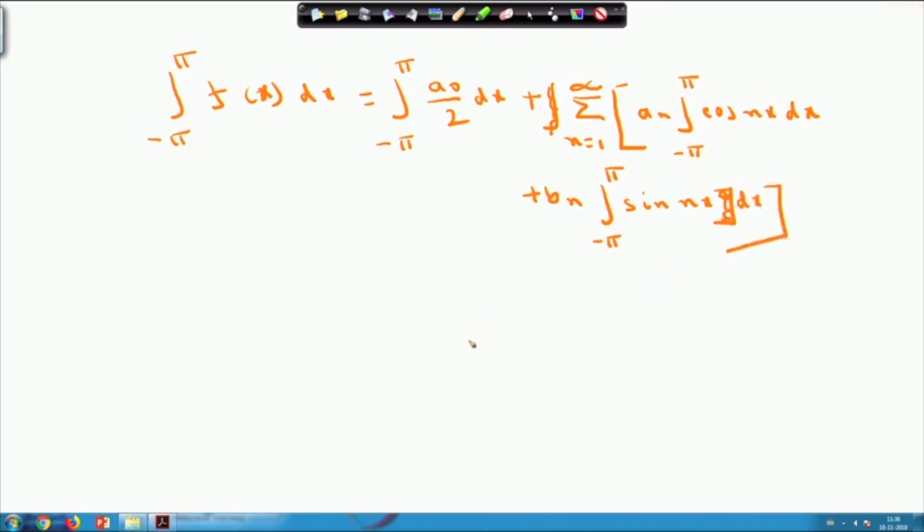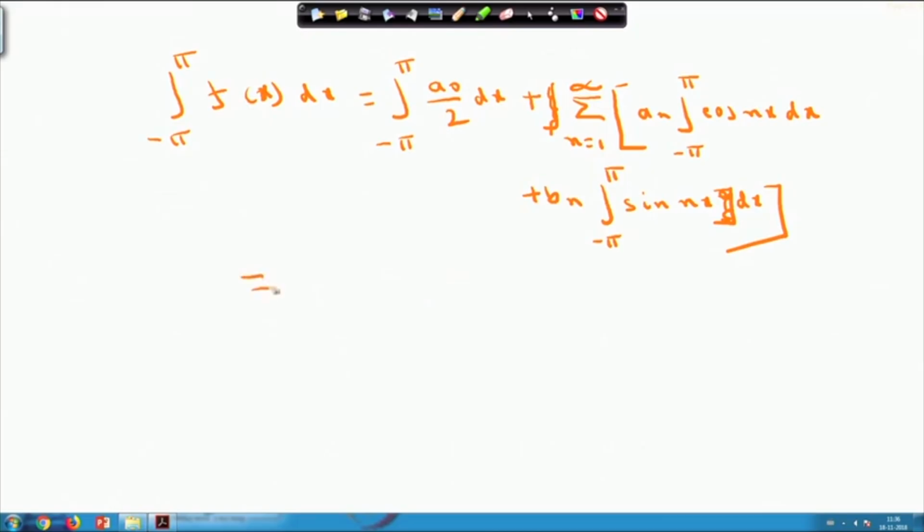So, please note that my original equation was f(x) equals a0 by 2 plus summation n equals 1 to infinity a_n cos nx plus b_n sin nx. Now, I am integrating both sides of the given equation from minus pi to pi, and I will get this.